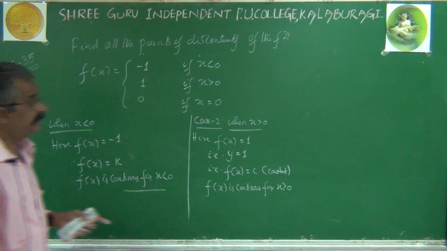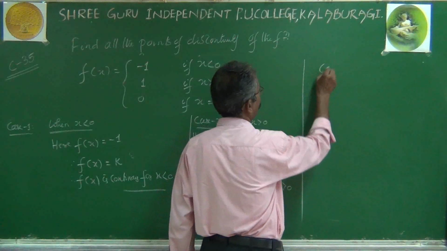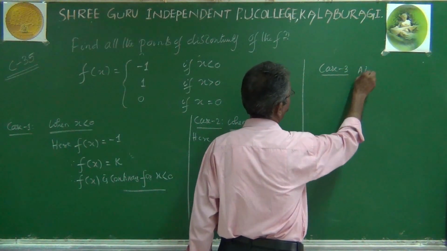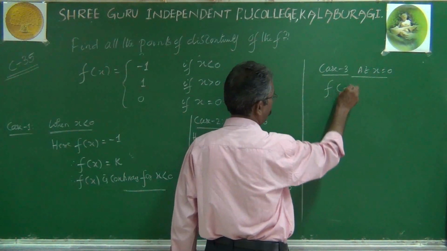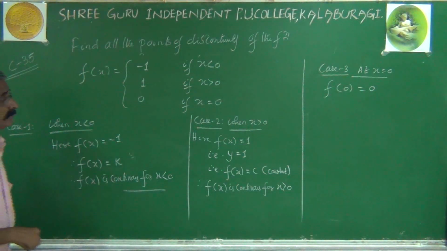Let's see at x equal to 0. Case 3, at x equal to 0. F of 0 equals 0, by the given data.